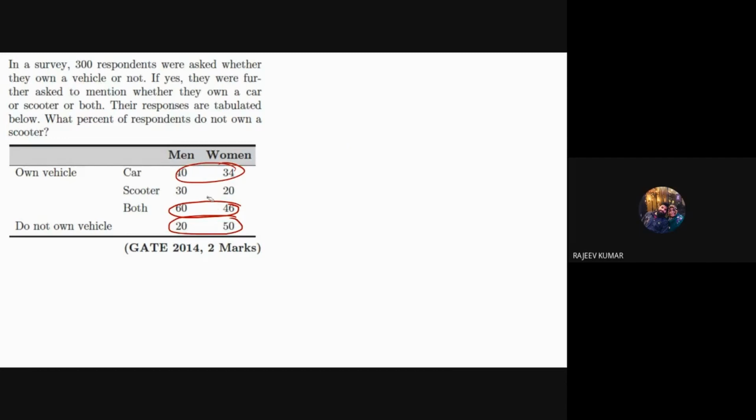Okay. Now what we can do is, if they are not owning a scooter, they are not owning both. So we do not have to consider this thing here. So we have to find the percentage of respondents who do not own a scooter. So for those who do not own a scooter, how many men will we have?